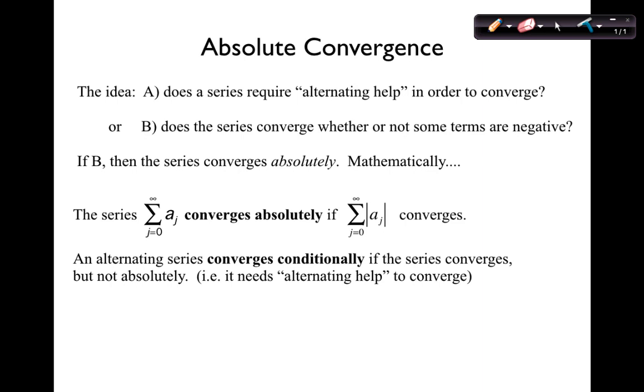So what is a series that converges conditionally? It converges if it alternates, but it doesn't converge if it doesn't alternate. Harmonic series, right? The alternating harmonic series converges conditionally.